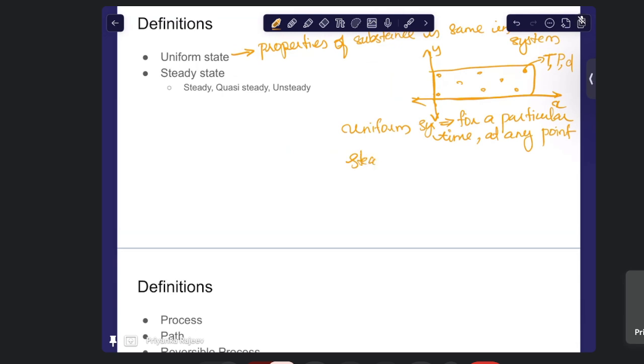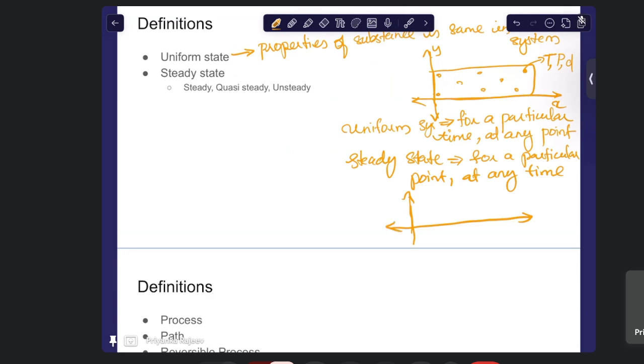Steady state, it changes. Steady state means for a particular point at any time. So if I am measuring temperature at a point as 50 degrees centigrade, for example, at T equal to T naught, I am measuring this as 50 degrees centigrade.